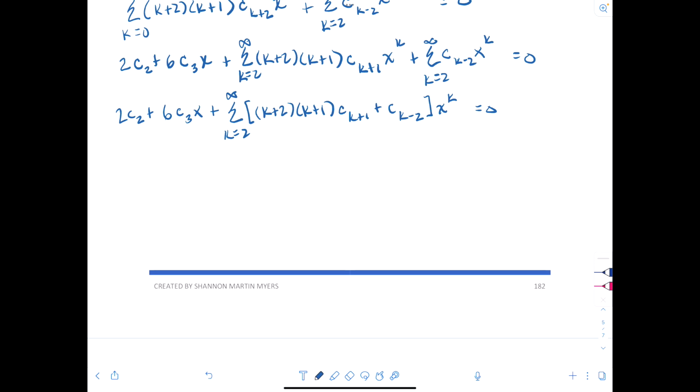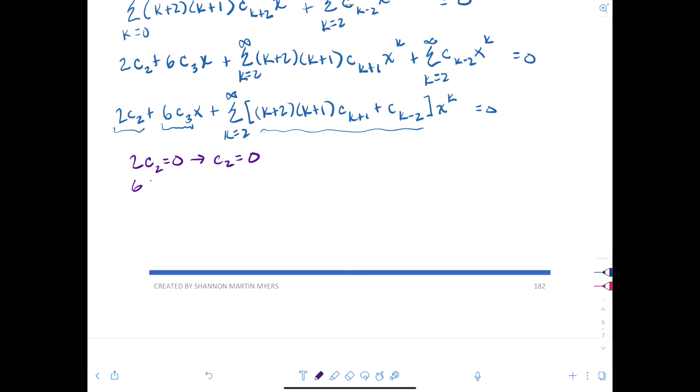All right, good so far? So now this whole coefficient would have to be equal to 0, as would the 6c3 and then the 2c2 separately, because the 2c2 is a constant term, 6c3 is the coefficient to the x term, and then these are the coefficients to the kth term, x to the k term. 2c2 is 0, which gives us that c2 itself is 0.